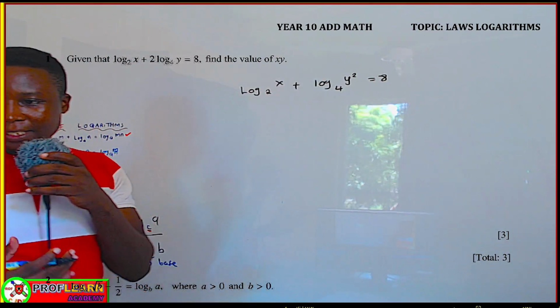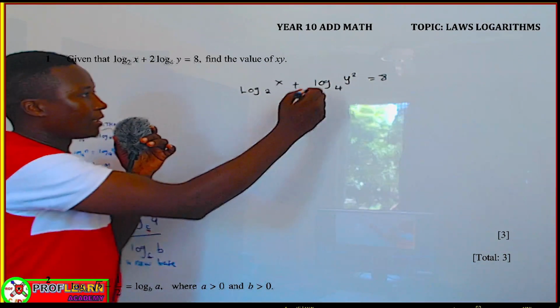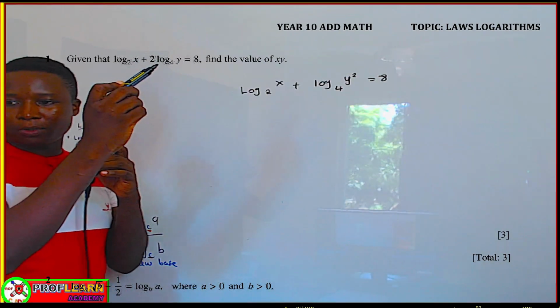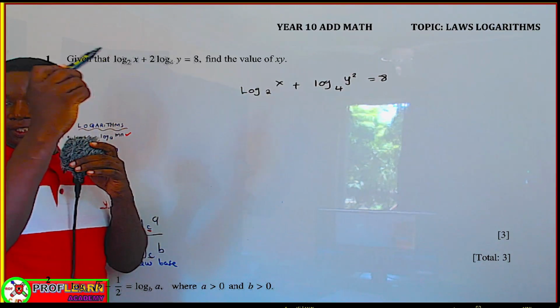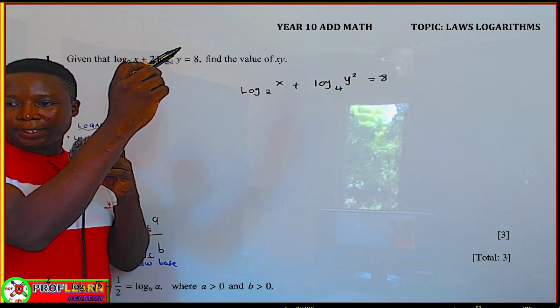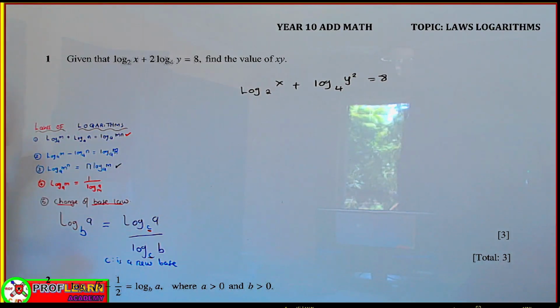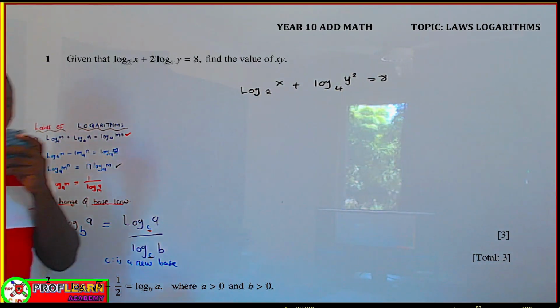What we have just done is take this number that was in front of the log and put it as a power on y. Remember this law that we learned: if you have the number n in front of the log, you can also take it as a power.